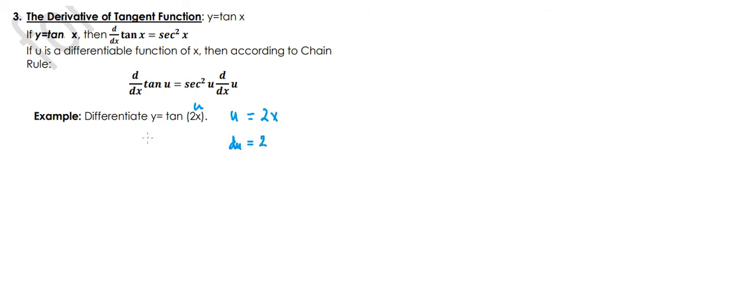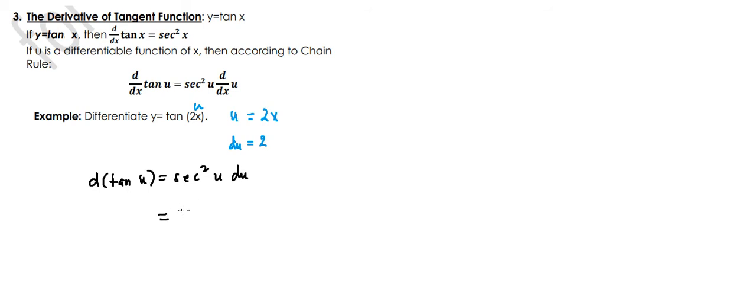Now, let's have the formula. Our formula is the derivative of tangent u is equal to secant squared u du.